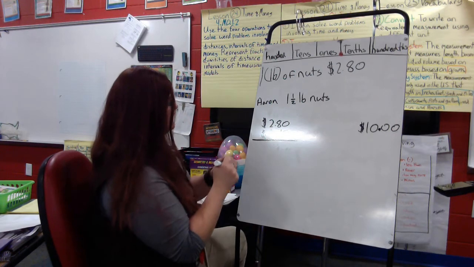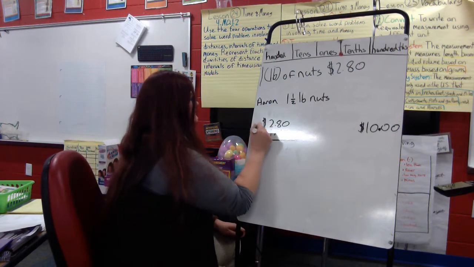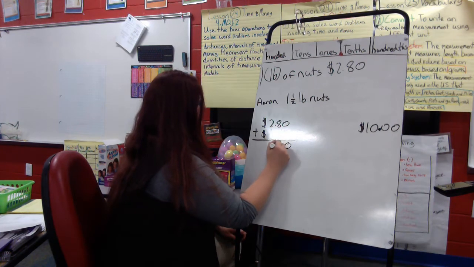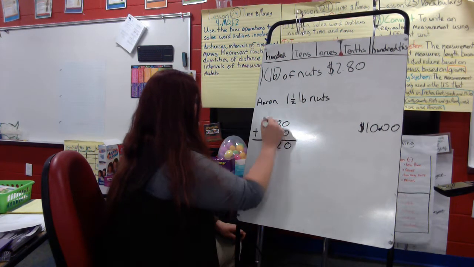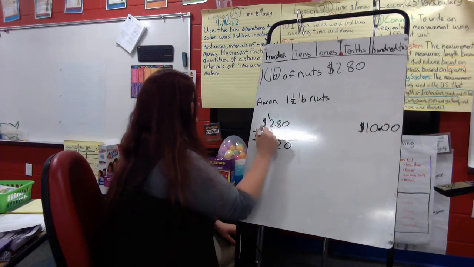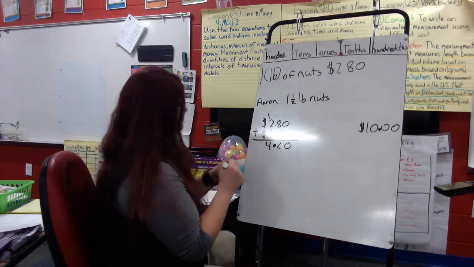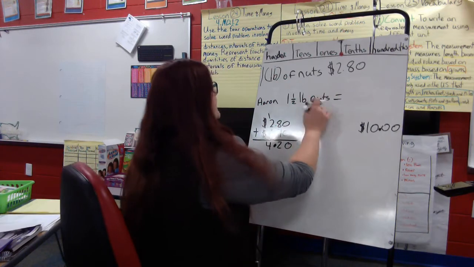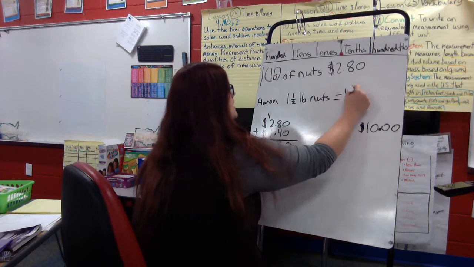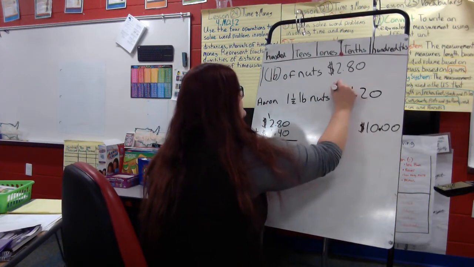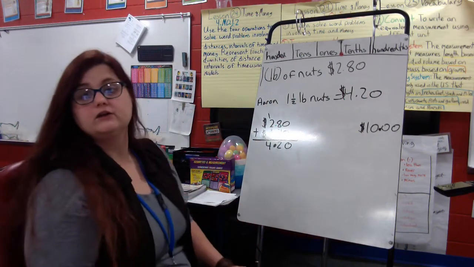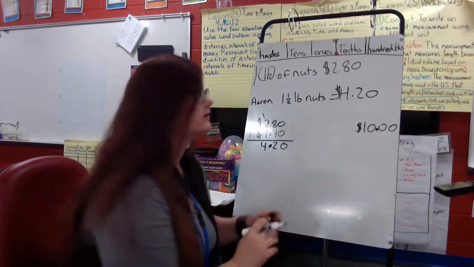And all I need to do is add in our totals. So 8 plus 4, 8, 9, 10, 11, 12. Bring that decimal point down. Carry your 1, 2, 3, 4. So the total for 1.5 pounds of nuts is $4.20. Whoop! I almost forgot to put my money sign. It's a weird looking money sign, but it'll work.